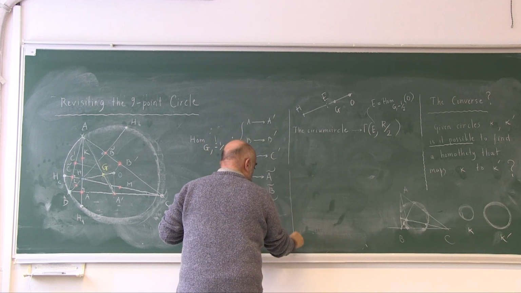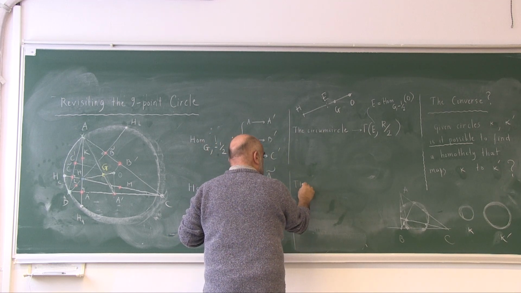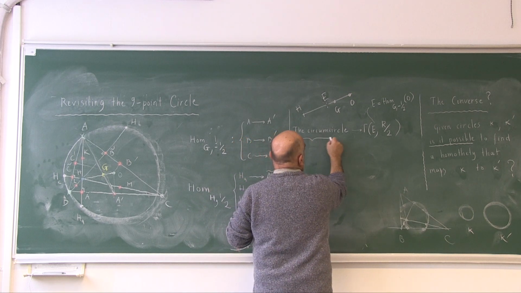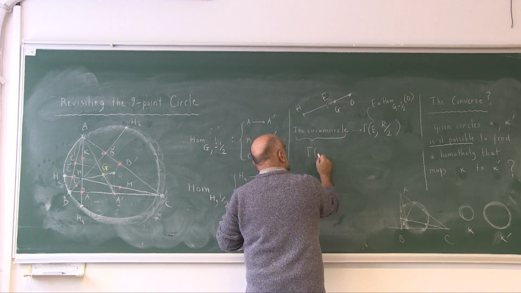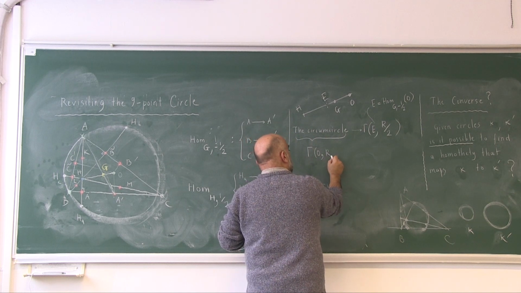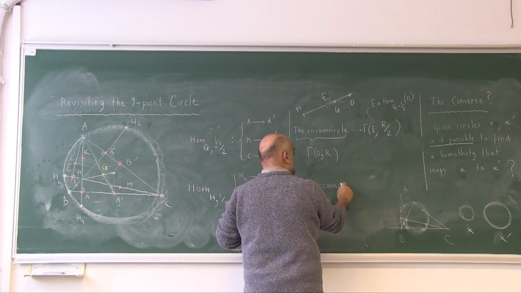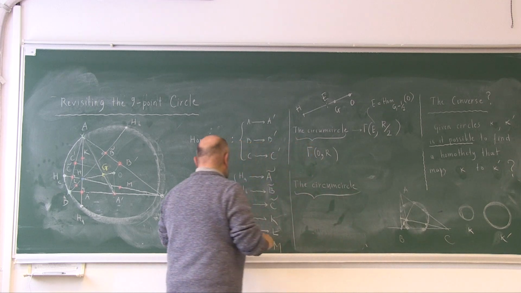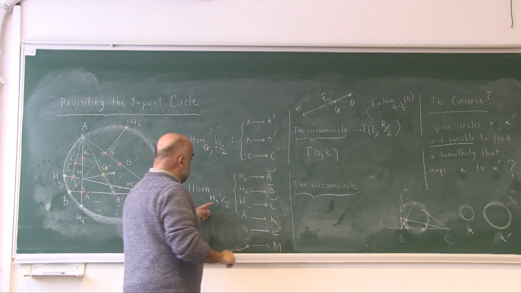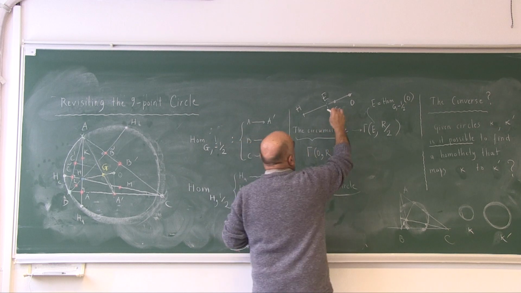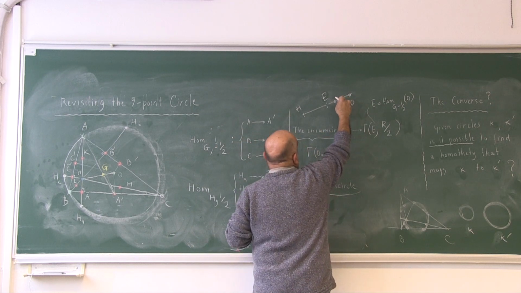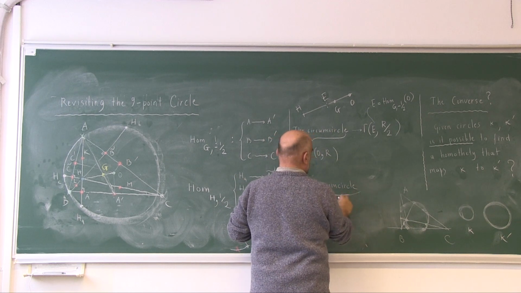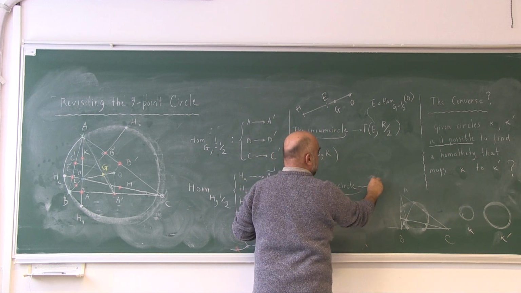What about this homothetic? Well, under this homothetic, the circumcircle, by the way, the circumcircle is in fact the circle with center O and radius R. Okay, so what happens to the circumcircle under the second homothetic? Well, under the second homothetic, the center of homothetic is H, and O is sent into this thing, which is sent into the circle gamma.